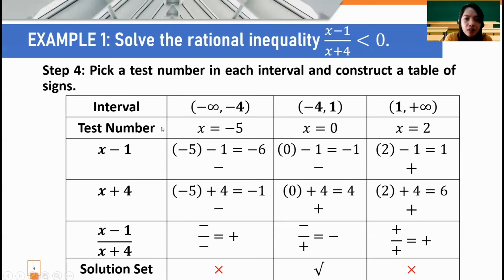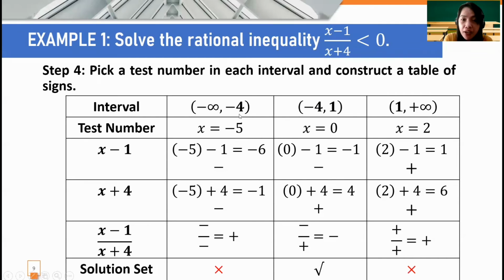Next, test number sa second row. Saan ba natin pwedeng makuha yung test number? When we say test number or test points, ito yung mga numbers na in between sa interval. Say for example, we have here in the first interval, yung pwedeng maging numero na manggagaling dito sa interval ay negative 5.